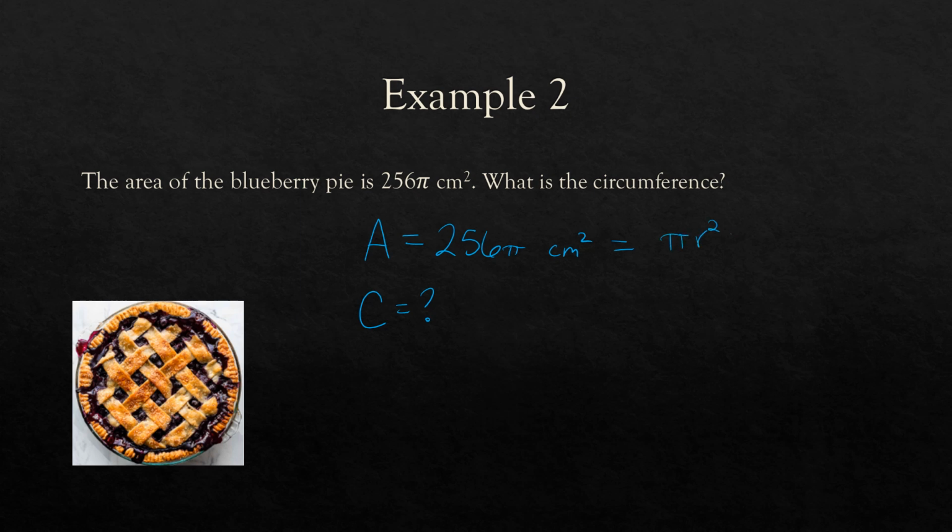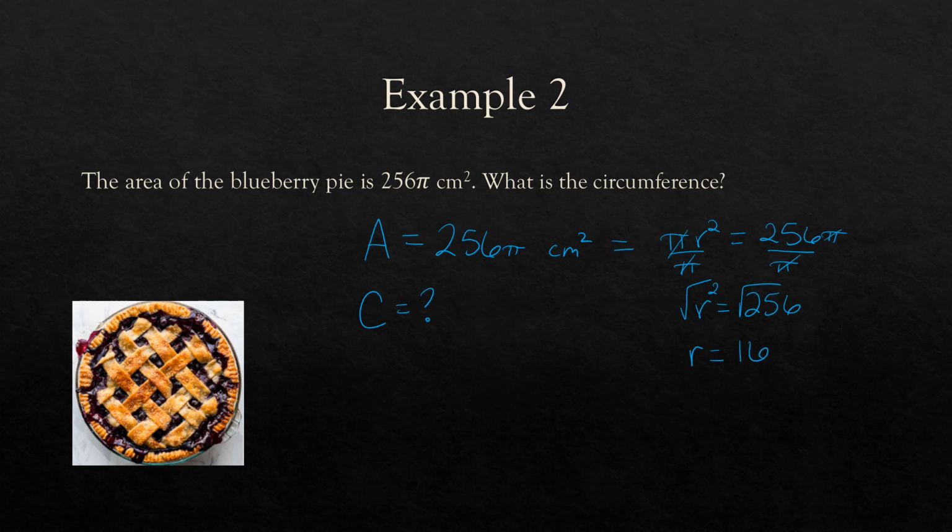So if pi r squared is equal to 256 pi, we can start by dividing by pi. Pi is just a number, so it's like we're dividing by 3.14. Now I have that r squared is 256. Well, to get r by itself, I'm going to take the square root of both sides. r is equal to 16.